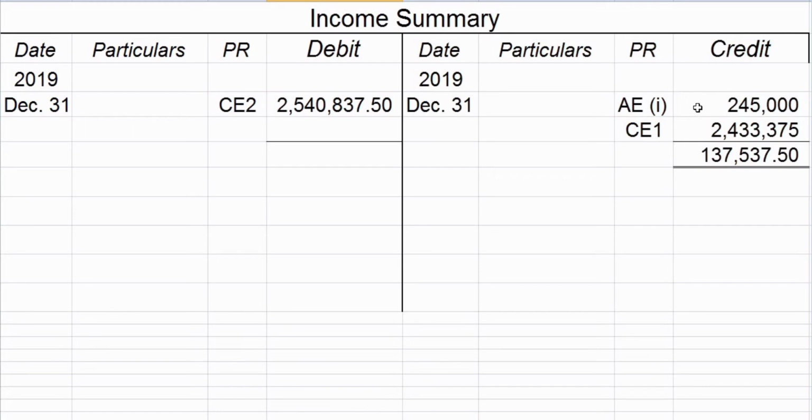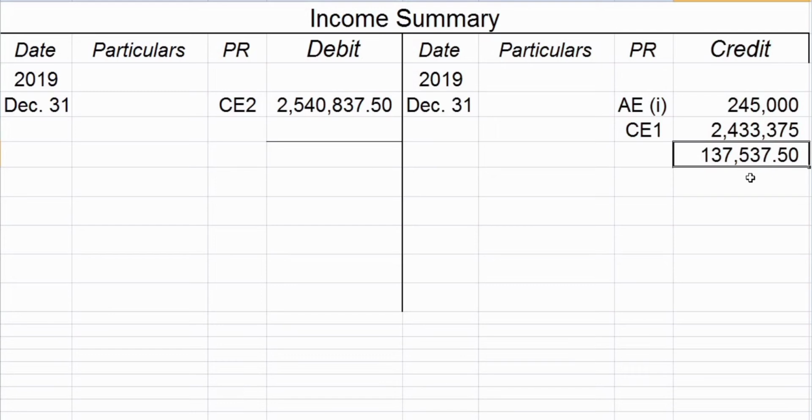When those three figures are posted to the income summary ledger, the balance would be 137,537.50, which is the exact amount of the net income in the 10-column worksheet, and of course, in your income statement. Because there is net income in contrast with net loss, the balance of this income summary account is credit, as you can see here.